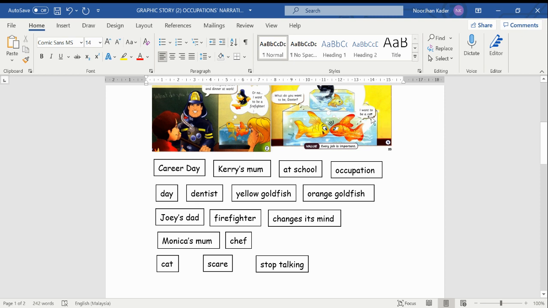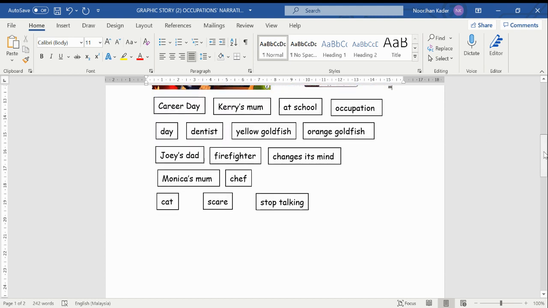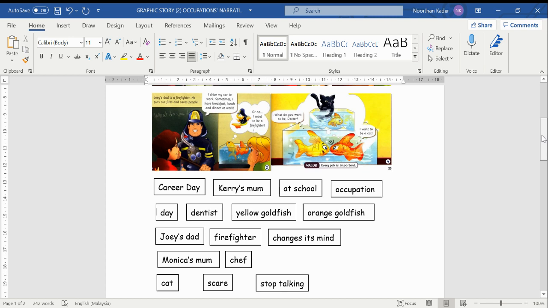And you see, when it's written the cat, C-A-T, there's an exclamation mark here. You can see there's an exclamation mark here. That means it's really very stern. So that sentence tells us that Dexter, the orange goldfish, is angry and stern.